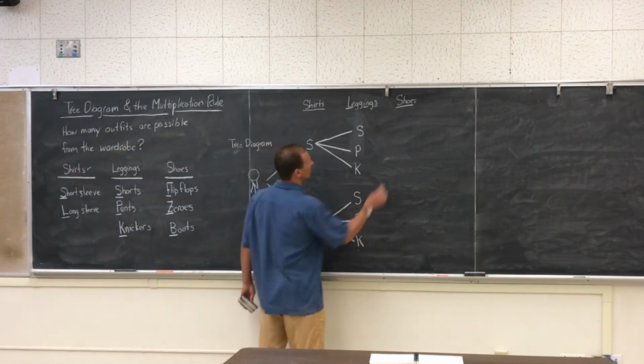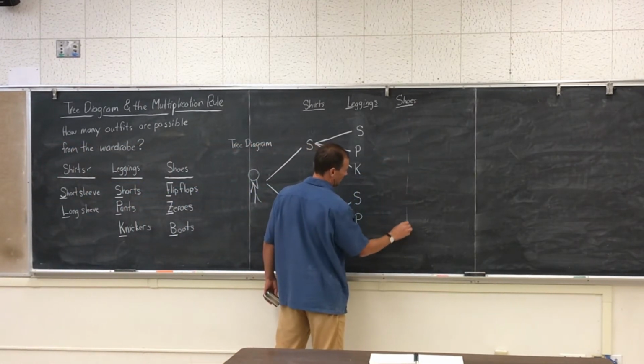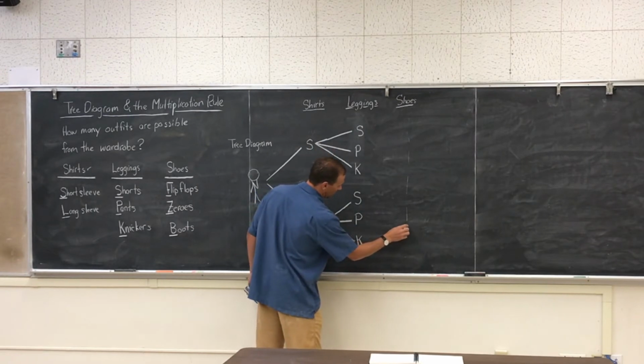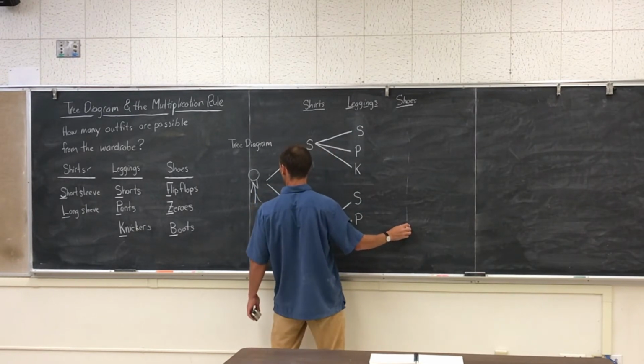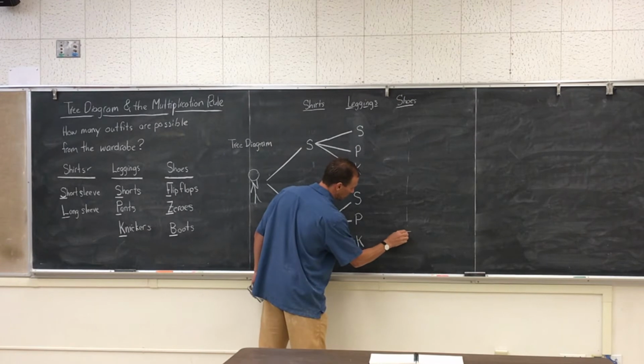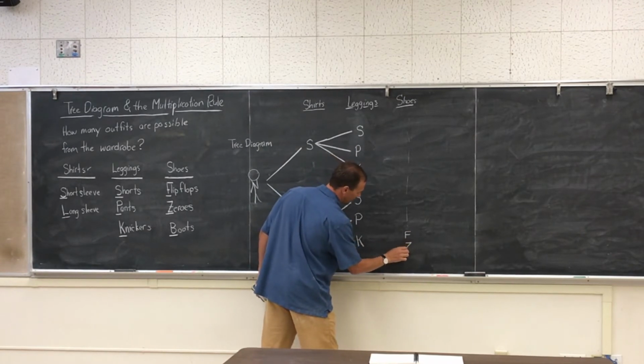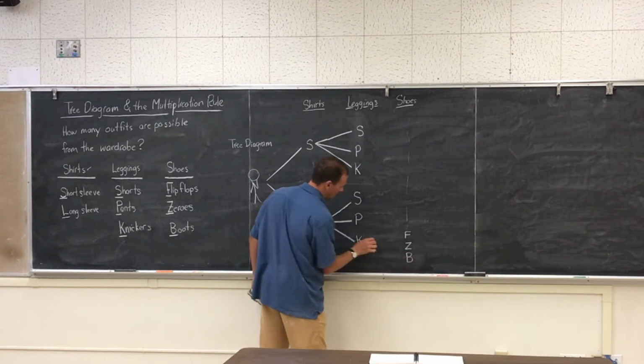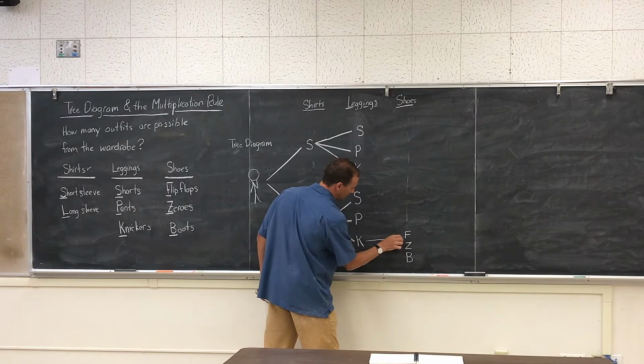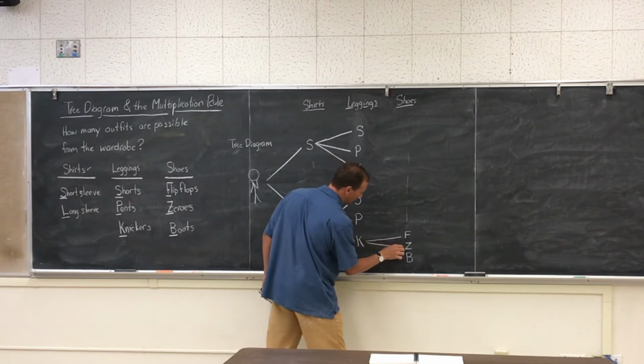That's my next quandary, is what I'm going to wear there. So I could wear flip-flops, I could wear my zeros, or I could wear boots. So there's flip-flops, zeros, boots.